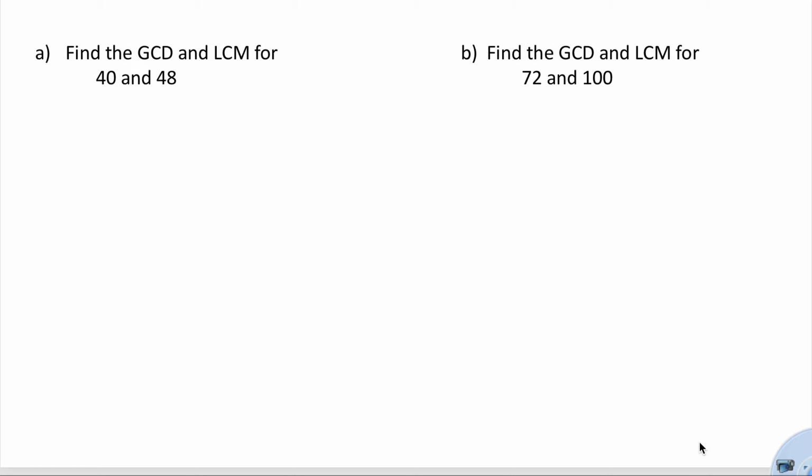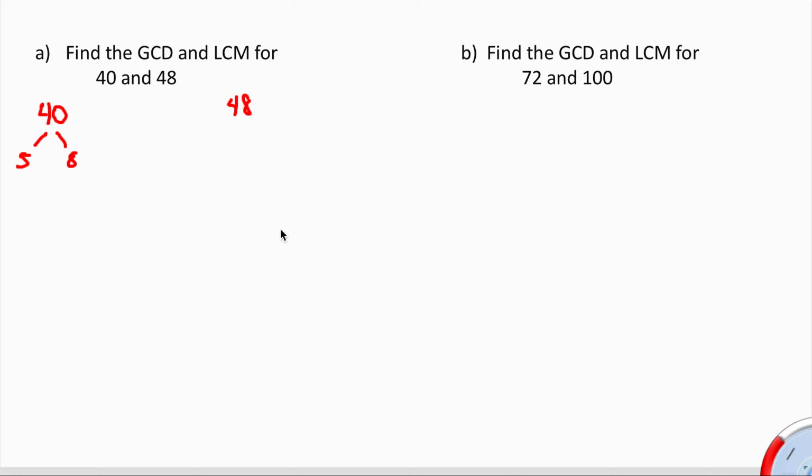Okay, so let's find the greatest common divisor and the least common multiple for a couple of pairs of numbers. Okay. So first thing I'm going to do is find the prime factorization of each number. So 40 is maybe 5 times 8.